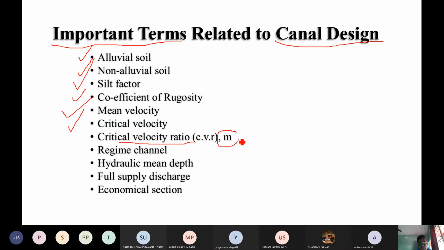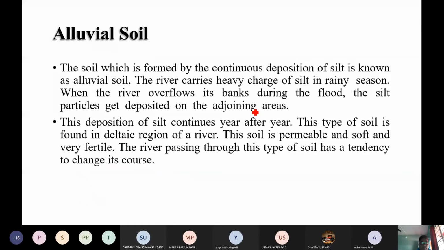It is denoted by the symbol small m. Then what about the design channel? Hydraulic mean depth. What do you mean by this hydraulic mean depth? Hydraulic radius is different from hydraulic mean depth, then full supply discharge, and the economical section. All these parameters are very important while designing this canal.